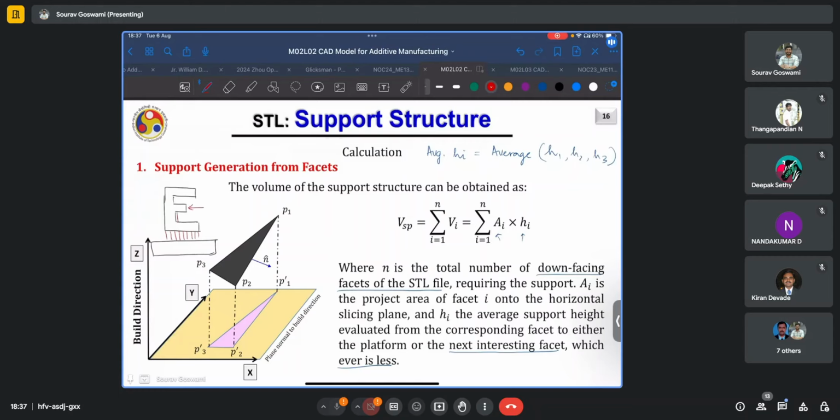Clearly, this also requires supports, but will these supports be subtended all the way onto the build plate? No, these supports will actually terminate on the part itself. Similar for this top layer here. Some of it will get onto this intermediate printed layer, and the rest will go here. Thus, we should only choose the average support height evaluated from the corresponding facet to either the platform, in cases where it goes till the platform, or only till the next intersecting facet, whichever is less.